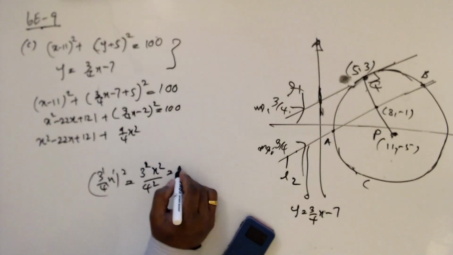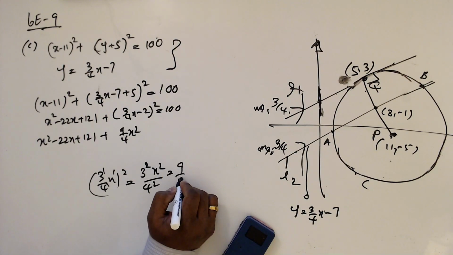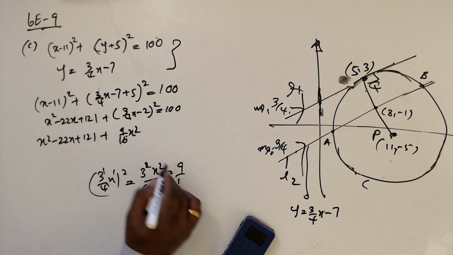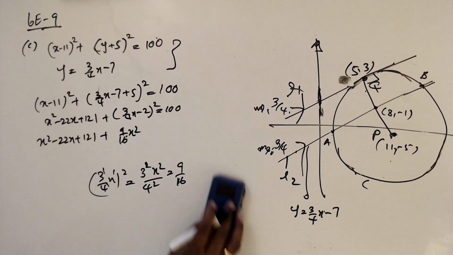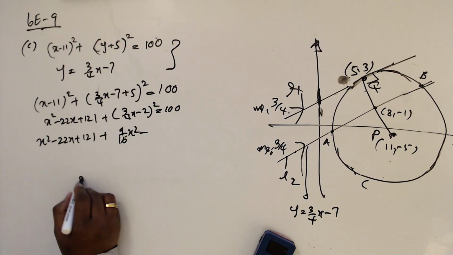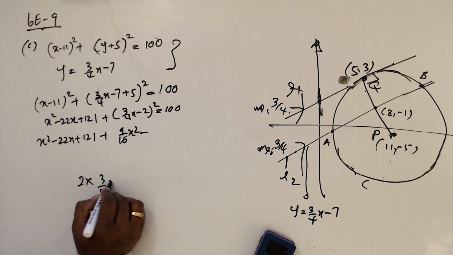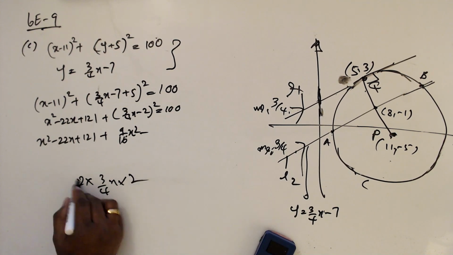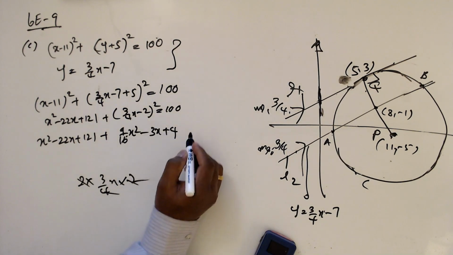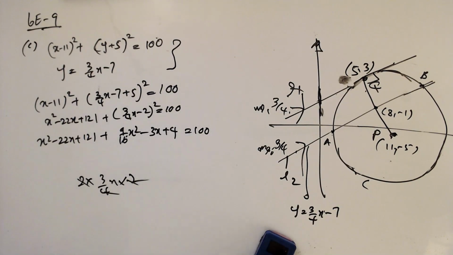This is going to be 9/16 x², minus 2 times 3/4 x times 2. This is cancelled out. Going to be minus 3x plus 4 equal 100.